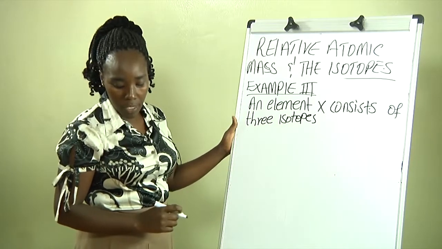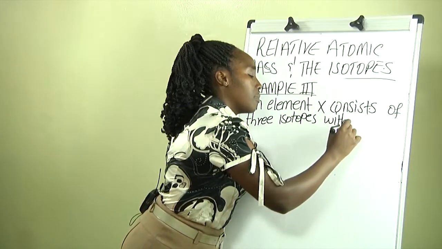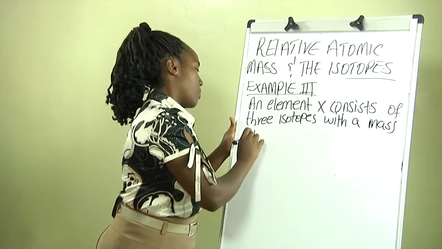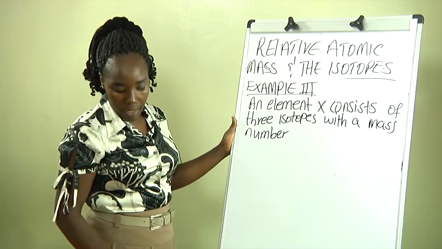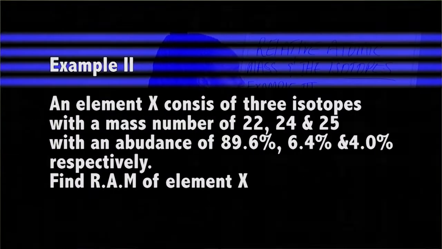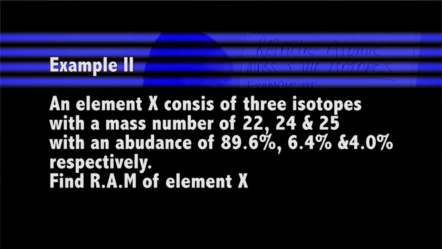It consists of 3 isotopes with mass numbers of 22, 24, and 25, with an abundance of 89.6% for the first mass, 6.4%, and 4.0% respectively.